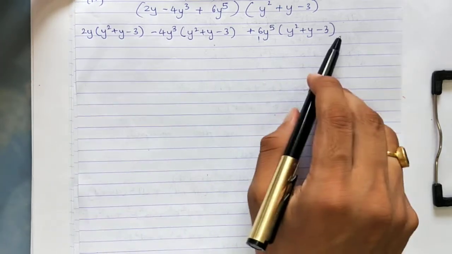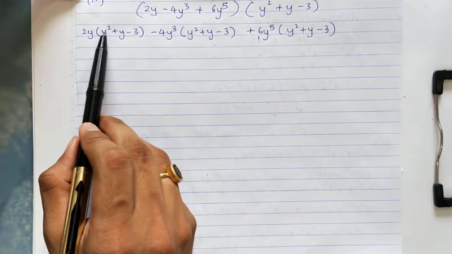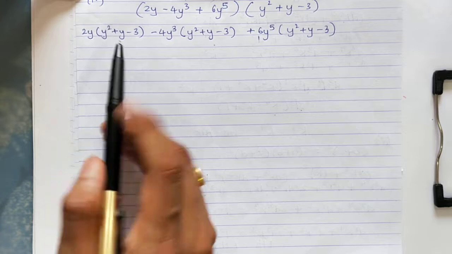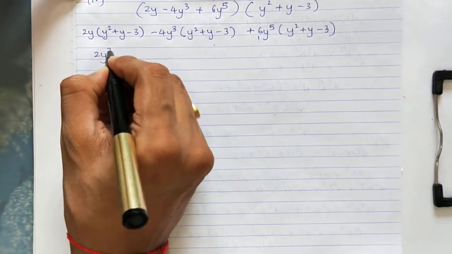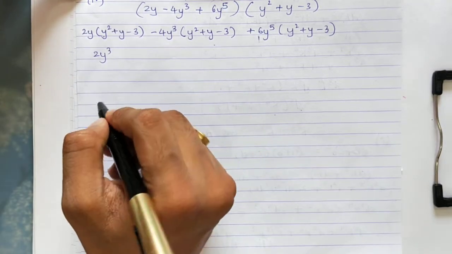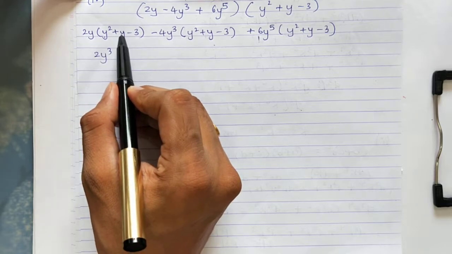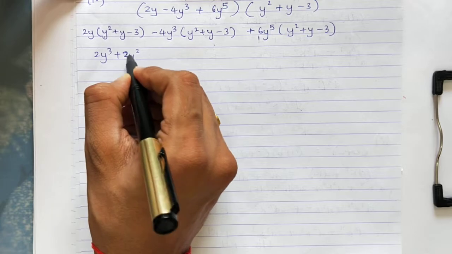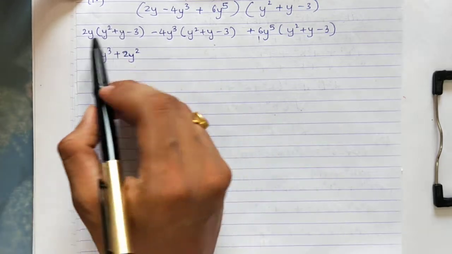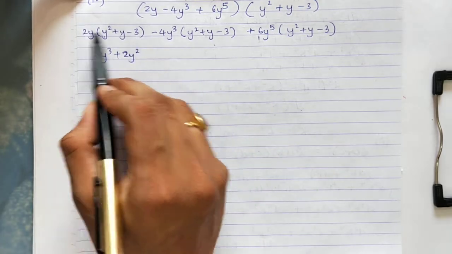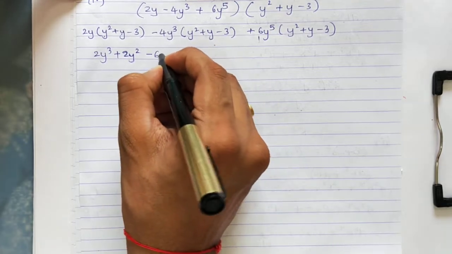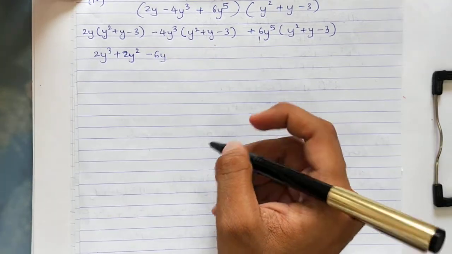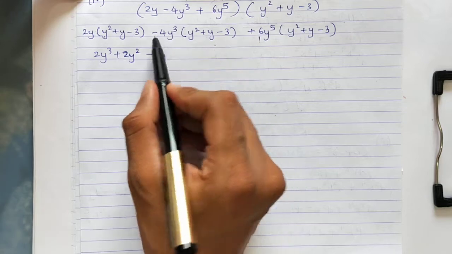Okay, let's open the bracket. 2y into y square. y into y square is y cube, so this is 2y cube. 2y into y, plus 2y square. Okay, 2y into minus 3, so 2 into minus 3 is minus 6y.